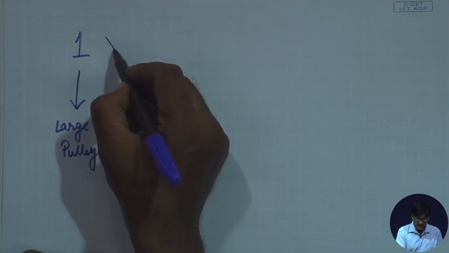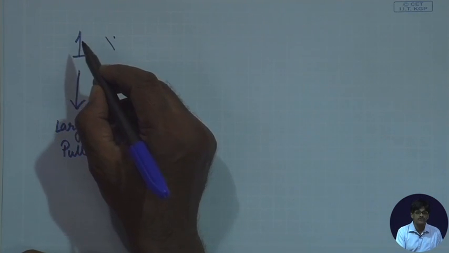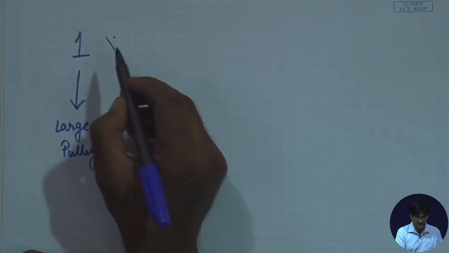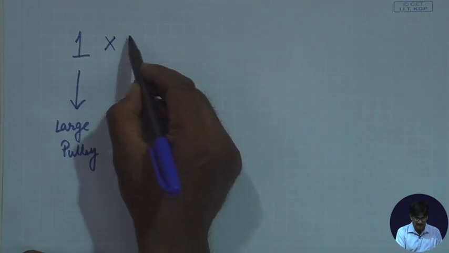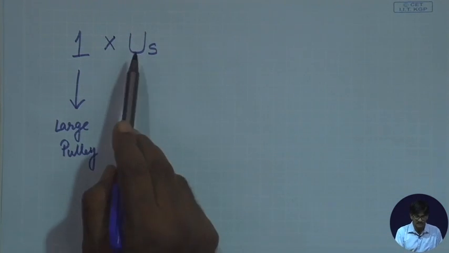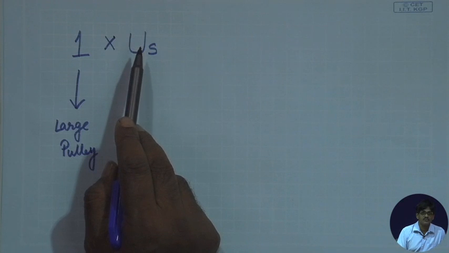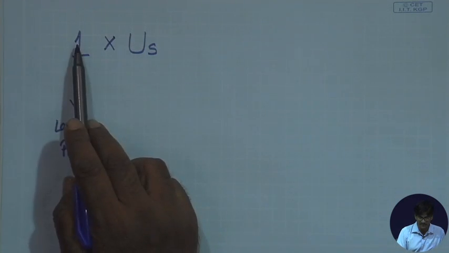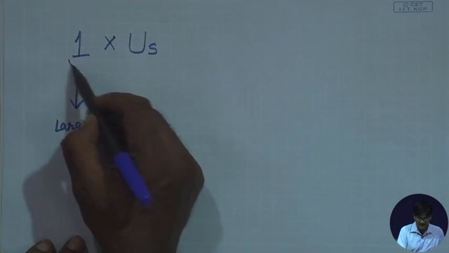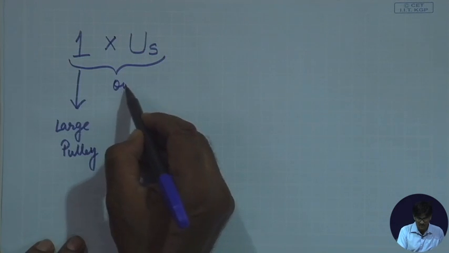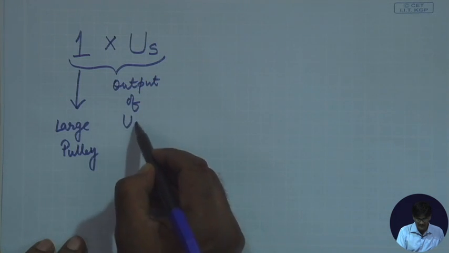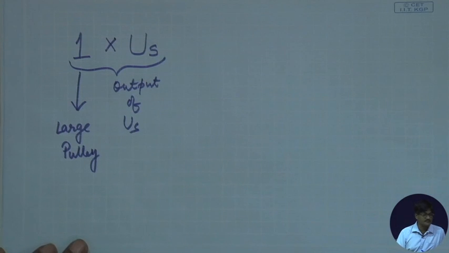This one will, when multiplied, so this is input to the gearbox US, feed gearbox. So, the output of the feed gearbox must be equal to 1 into US. This is always expressed as output by input. So, multiplied by input, only output remains. Output of US. That is it.